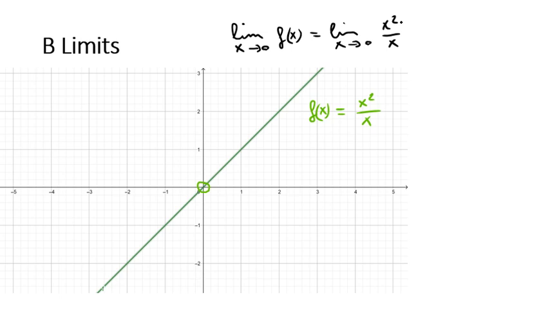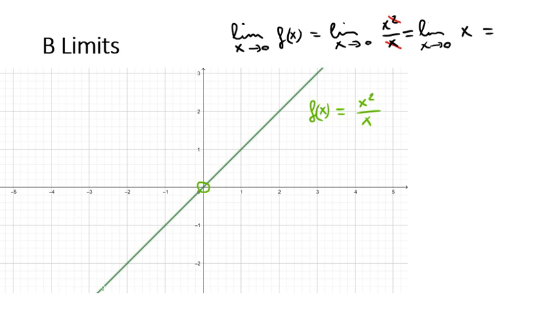We can simplify this because we have x squared in the numerator and x in the denominator, so the x will cancel the x in the denominator. That will equal the limit as x approaches 0 of x.